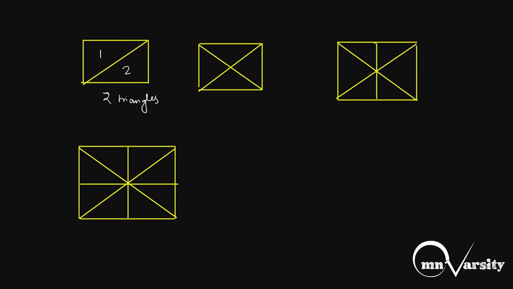For the next figure, let me mark the divisions as 1, 2, 3 and 4. Now I am going to multiply 2 with the greatest digit here, which is 4. 2 into 4 will give me 8. So I can say that there are 8 triangles in the given diagram.